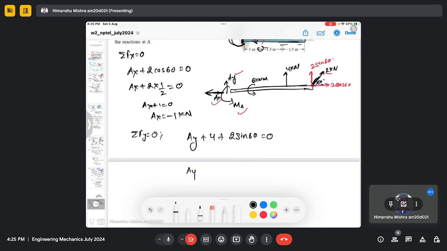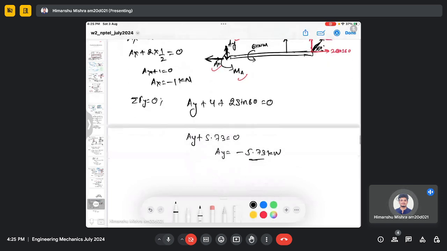And we have Ay plus 5.73 equals 0. So Ay equals to minus 5.73 kilonewton, which means the direction of Ay is this, and it is equal to 5.73 kilonewton.